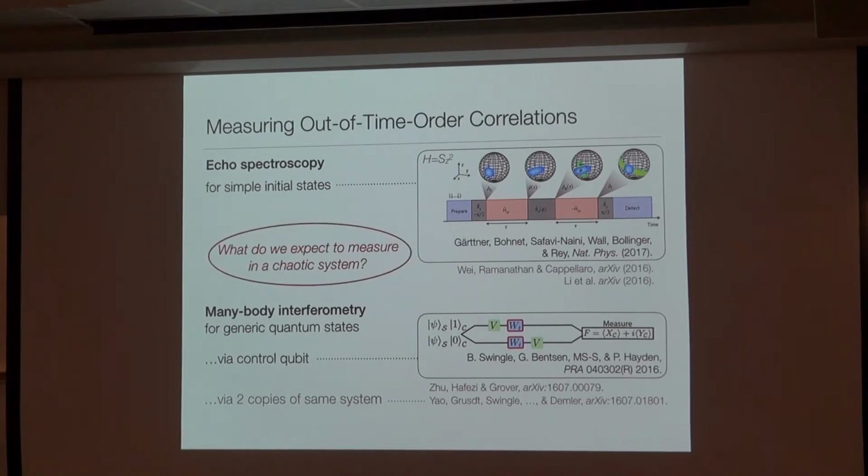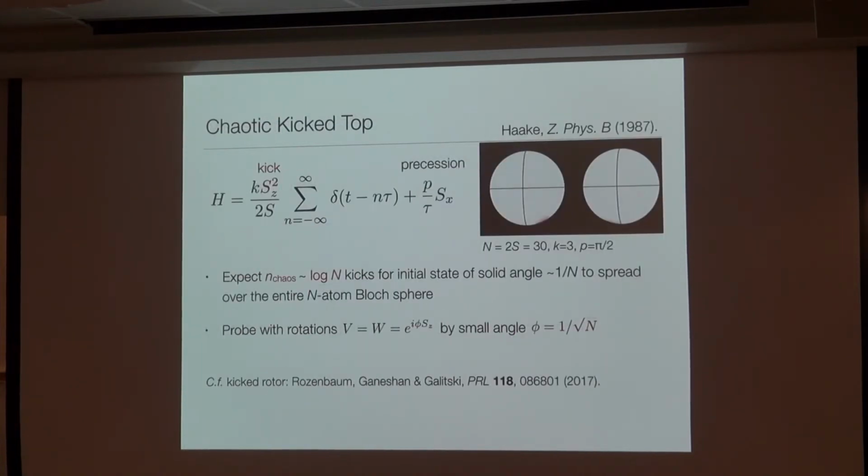And the question you might ask, though, is what does one expect to measure, and what signatures should one look for in a chaotic system? I have a couple of examples of this, and in the interest of time, I'm not going to give both. So one system that is well studied is a chaotic collective spin model known as the kicked top.